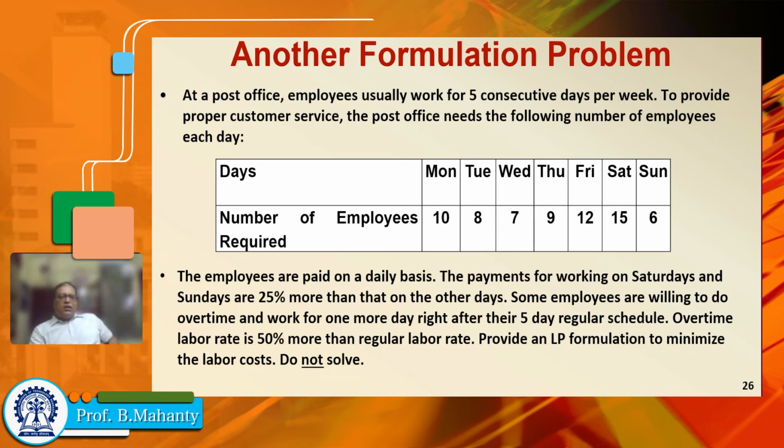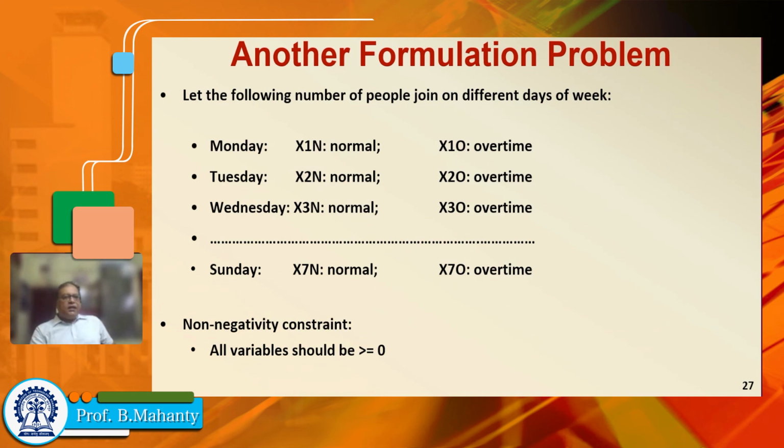All right, so this is how exactly we have to understand this particular problem so that we can get into it. So let's say that the following number of people join on different days. Monday x1 normal, x10 overtime.